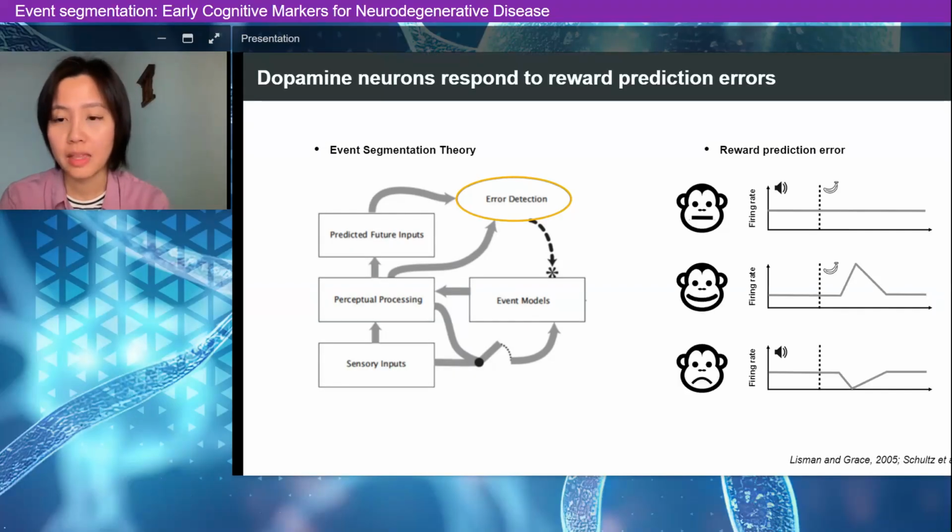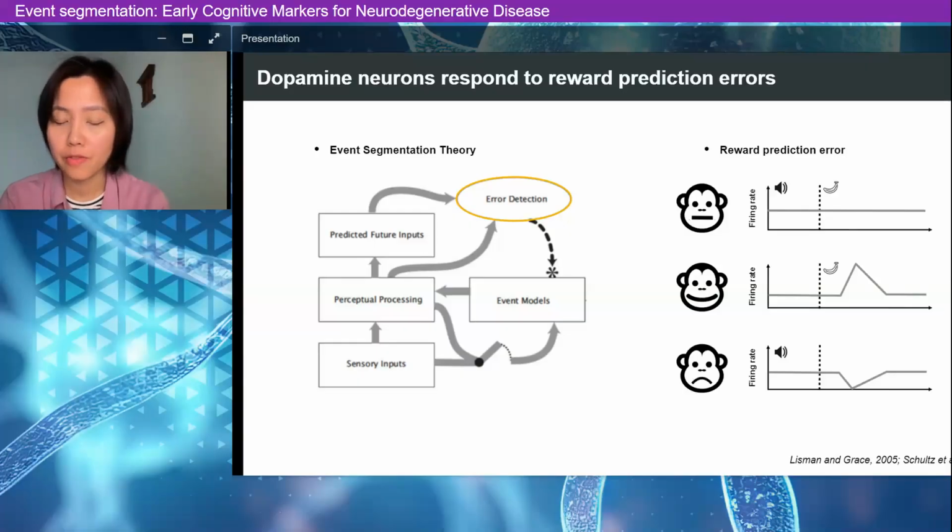However, in the situation when the reward is unpredictable, for example, the reward was presented without the sound or associated cue, or in a different case, the associated cue was presented but somehow the reward was not given to the animal, the dopamine neurons recorded in the monkeys either increase their firing rate or decrease their firing rate in response to this unpredicted reward.